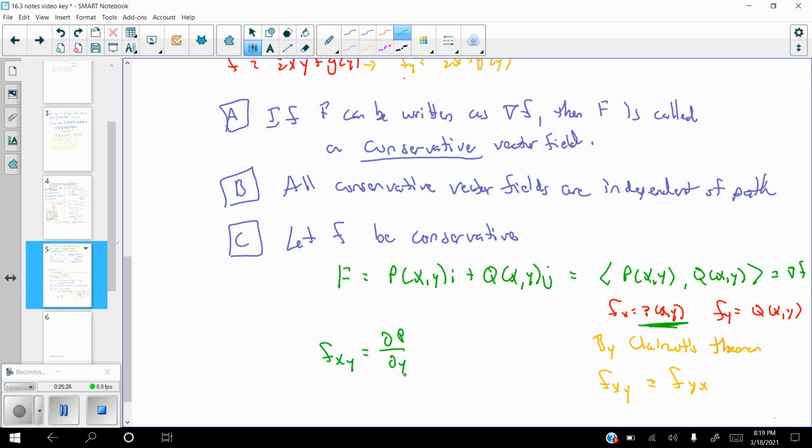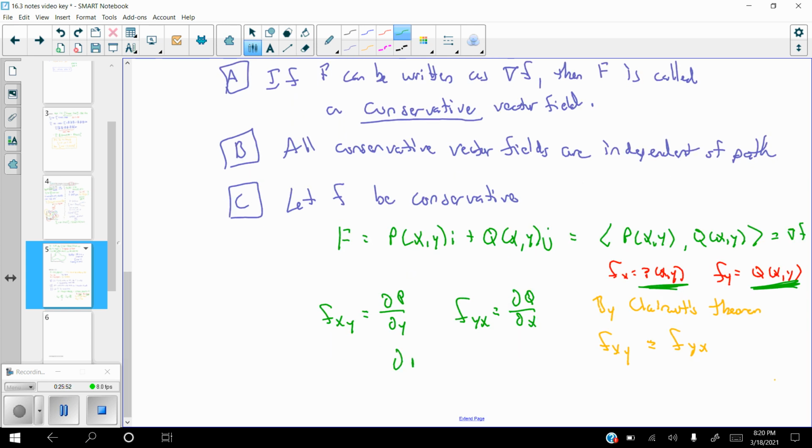Likewise, if I want to find f sub yx, that means I have to take the derivative of this one with respect to x. So that means that f sub yx is going to equal dQ/dx. Those are the second partials. And by Clairaut's theorem, dP/dy has to equal dQ/dx.